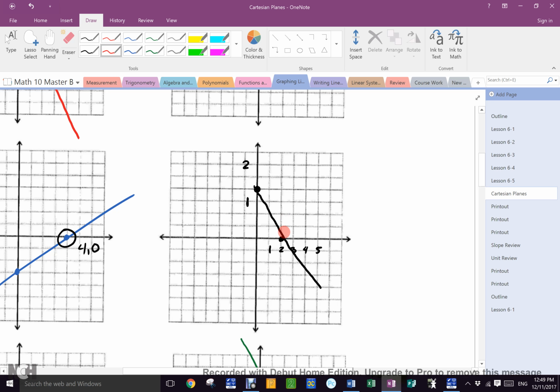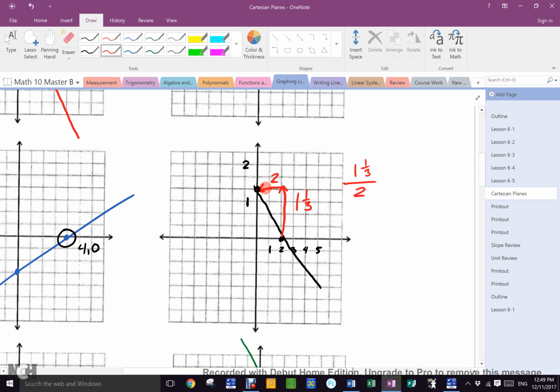So how far did I go here? 1 and 1/3. How far did I go that way? 2. So what is this slope? 1 and 1/3 over 2. Right? It's not 1, 2, 3, 4 over 2, is it?